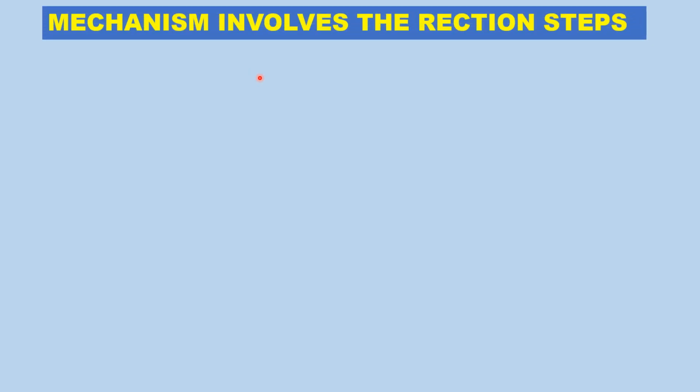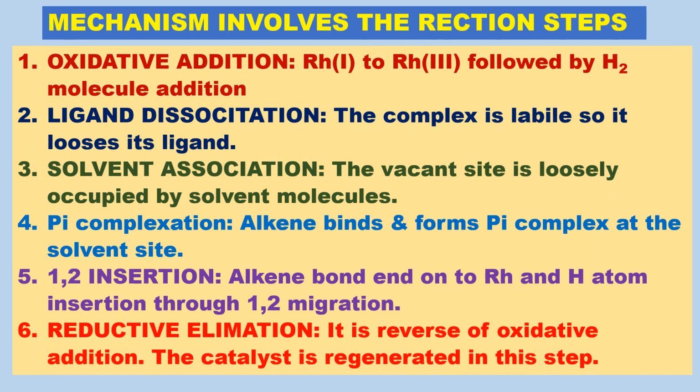So the mechanism involves the following reaction steps. What are the various reaction steps involved in Wilkinson catalyst hydrogenation of alkene? Oxidative addition, we have already seen. Rhodium 1 is oxidized to rhodium 3 followed by hydrogen molecule addition.